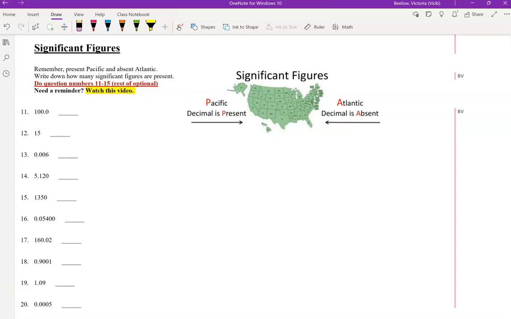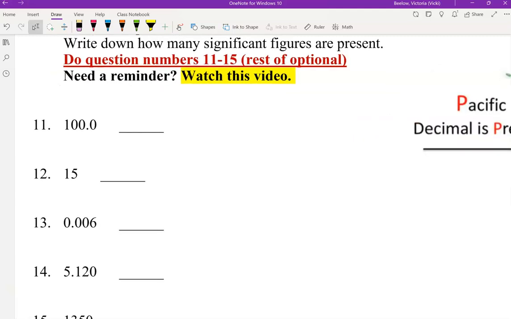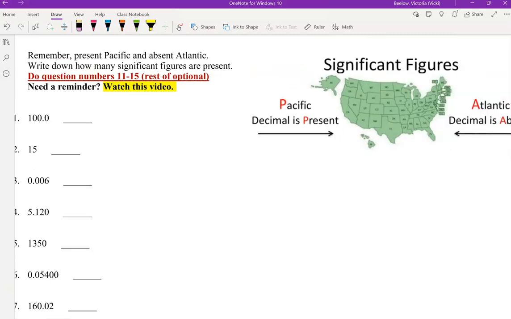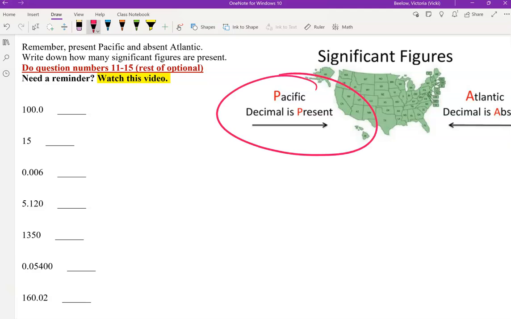Now, significant figures, there are a lot of rules for these things. However, I have just learned this trick to always getting the right answer. So, Pacific present and Atlantic absent. You want to look at the number and ask, do you see a decimal point present? Yes, we do. So the decimal point is present: Pacific.